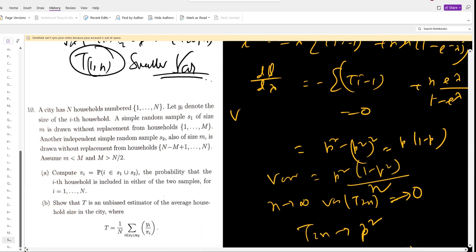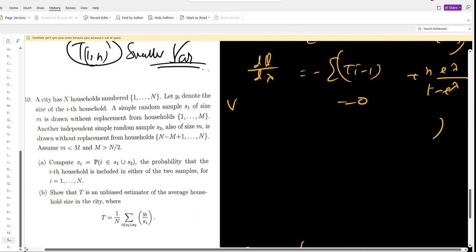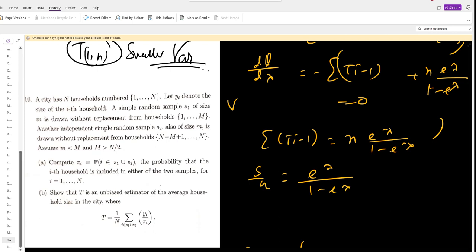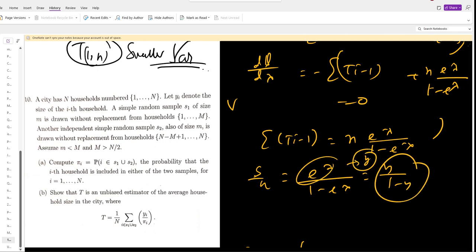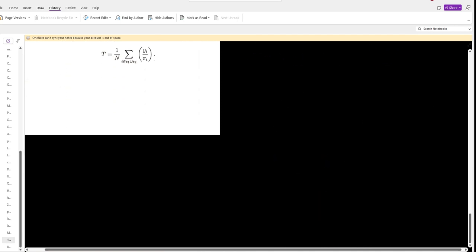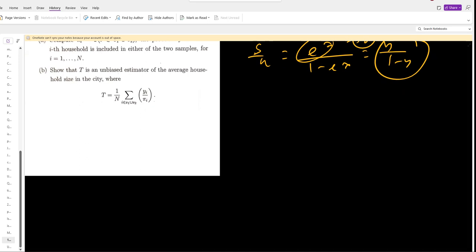Solving this, we get the summation of (ti minus 1) equals n e^(-lambda) over (1 minus e^(-lambda)). Let S be the summation of (ti minus 1). Rearranging, S by n is e^(-lambda) over (1 minus e^(-lambda)). Let y equal e^(-lambda). This time we will just do simplification; it is a slightly bigger question. So S by n times (1 minus y) equals y.